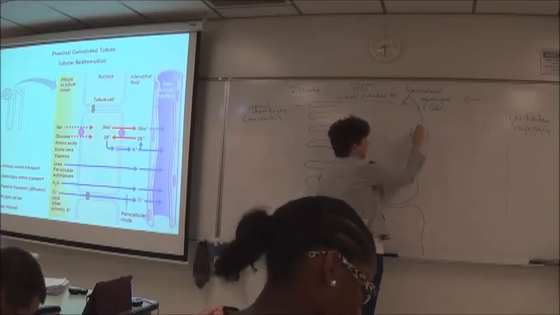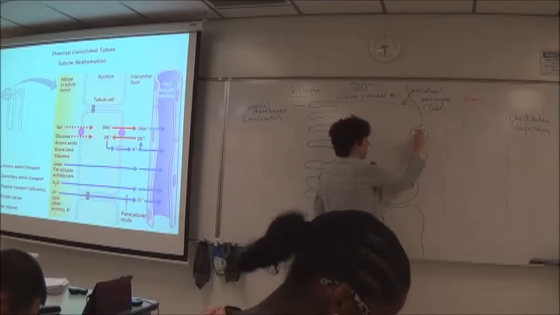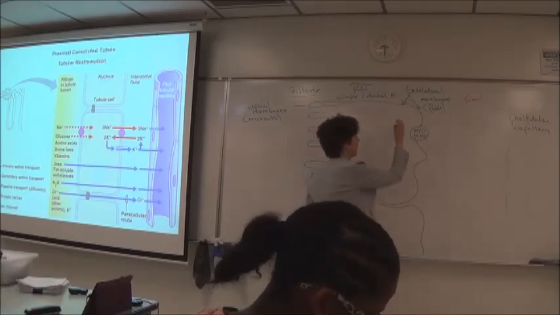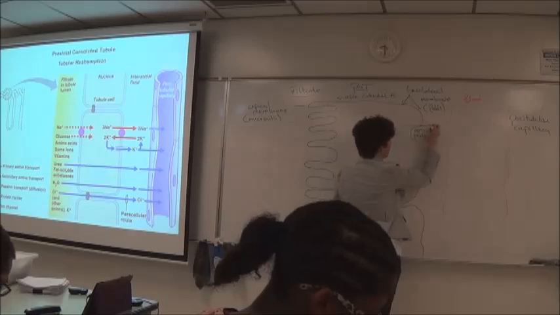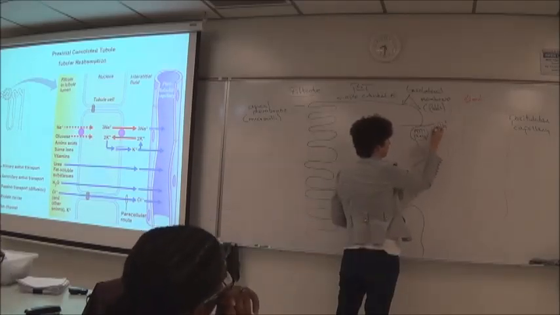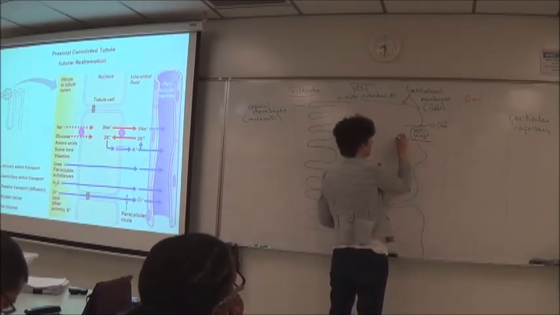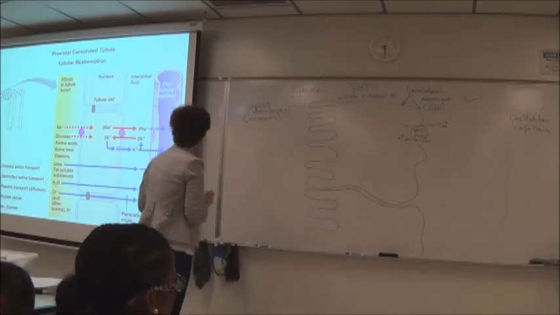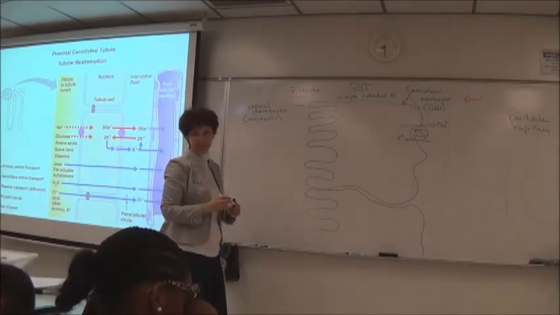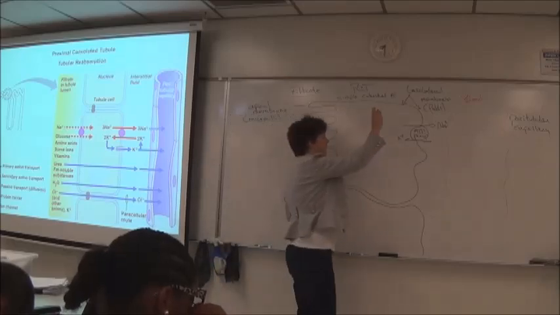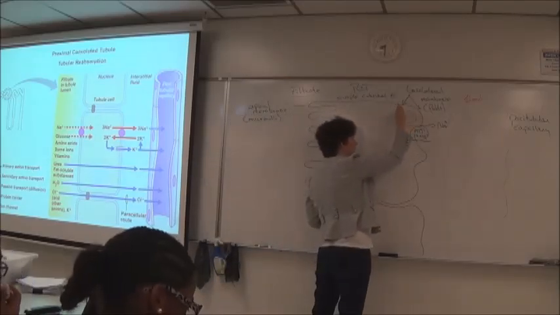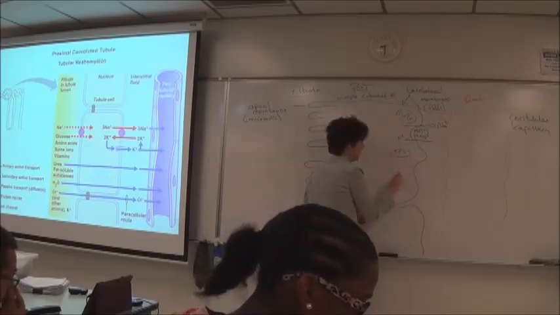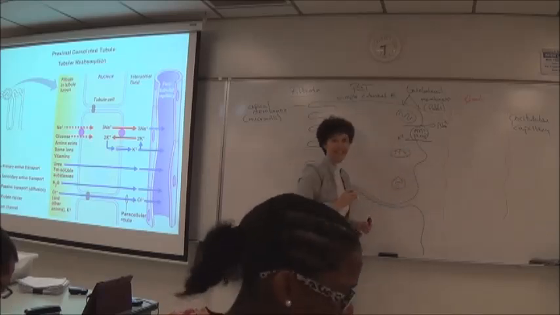So we're going to start here with the sodium-potassium ATP pump. Sodium is going to be pumped out while potassium is pumped in. And that requires energy. So in this area, we have tons and tons of mitochondria.